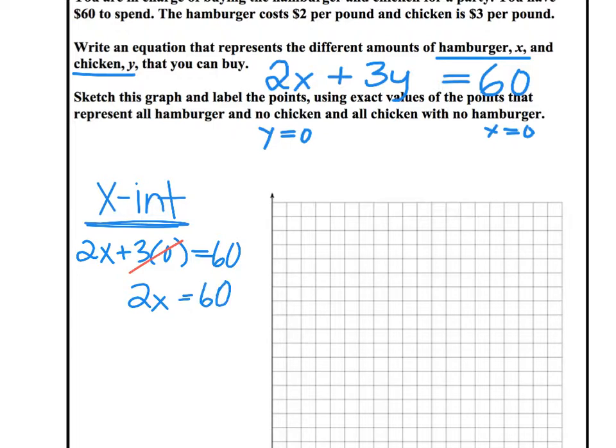How do I get rid of the 2? Divide it. Goodbye. And you get x equals 30. And you write that as a point. 30, comma, 0. This is saying you have 30 pounds of hamburger and 0 pounds of chicken.